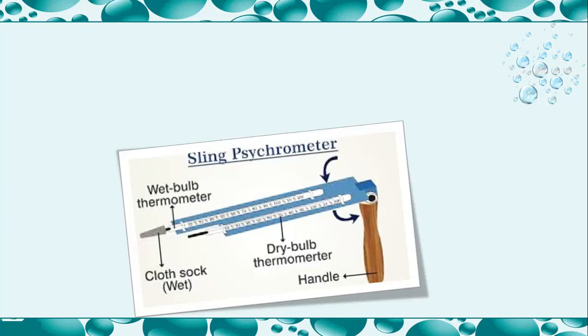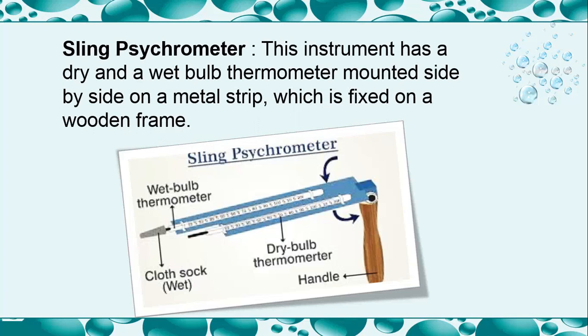Another instrument used to measure humidity is called the Sling Cyclometer. This instrument has a dry and a wet bulb thermometer mounted side by side on a metal strip, which is fixed on a wooden frame.